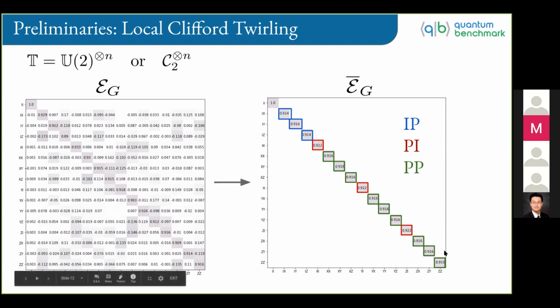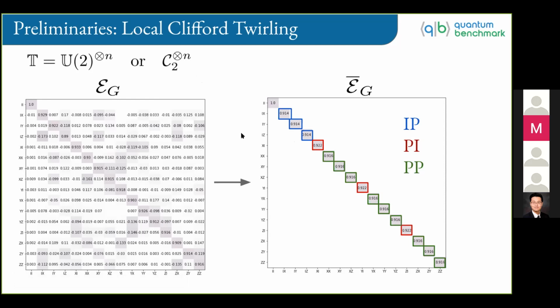And then you get the 9 other ones. And so you've reduced down from 4 to the n by 4 to the n parameters down to 2 to the n parameters. So in general, this scales as all possible combinations of Paulis and identities in a length n string. So this is a slightly weaker twirl than the one before because you get more parameters on the diagonal.